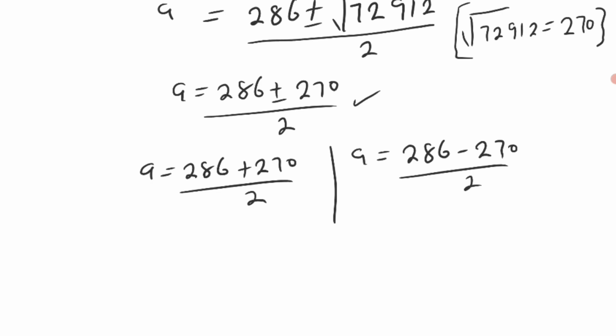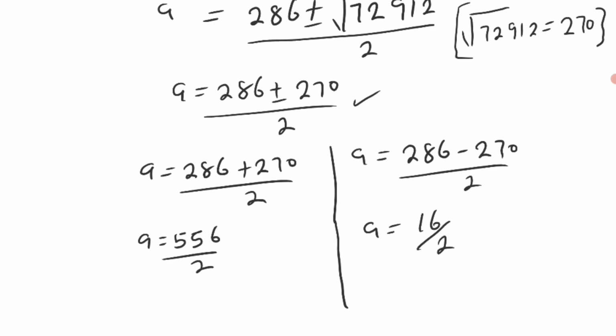Then 286 plus 270, a is equal to 556 over 2, or 286 minus 270, a is equal to 16 over 2.